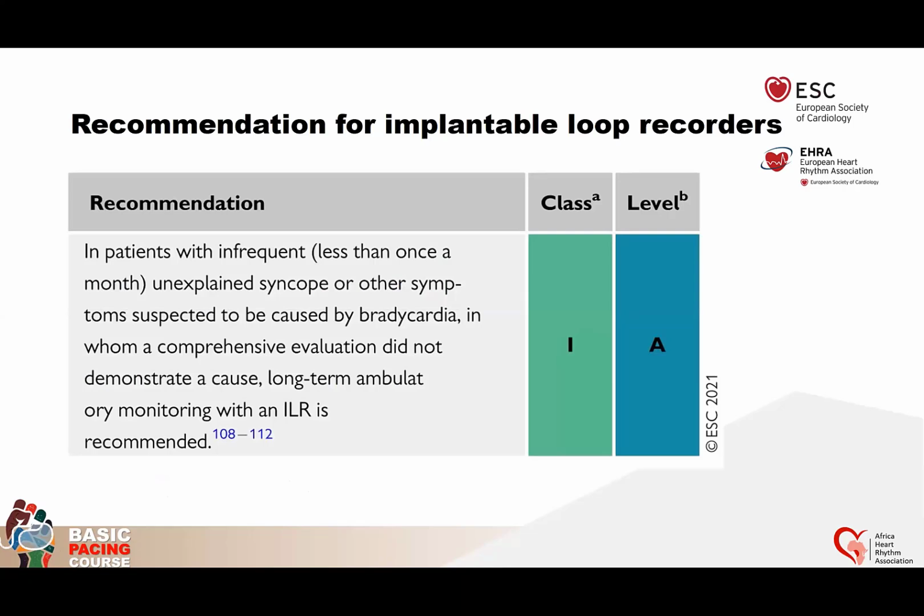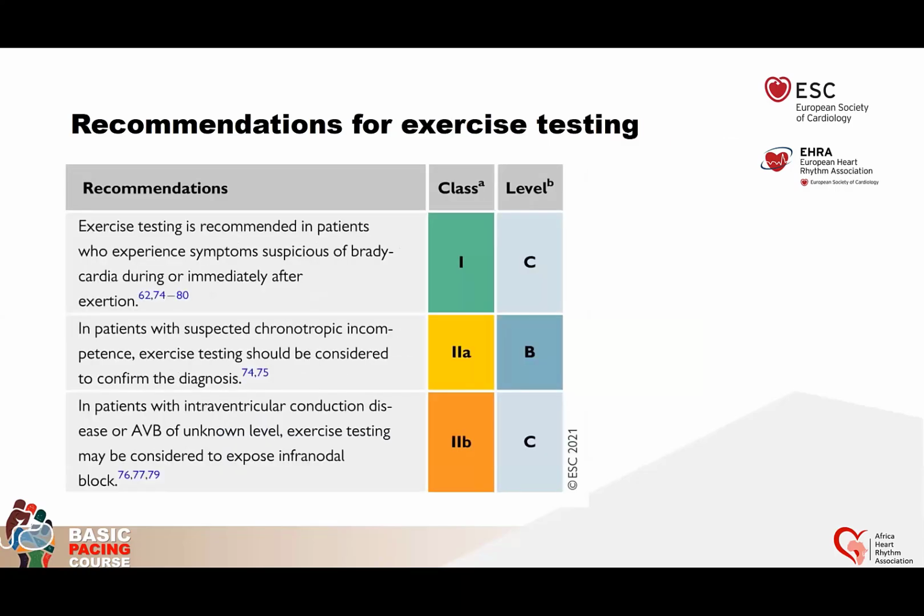Yet in our countries, the high price of the implantable loop recorder makes it difficult to really use. It's almost the same as implanting a pacemaker. Yet it's recommended. Another modality, you could ask for exercise testing, especially if the symptoms of the patient are related to effort, and that can reveal an infrahisian or infranodal block.